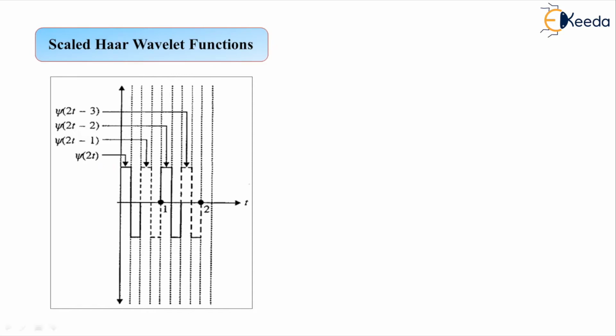So this is psi of 2t minus 0, or simply psi of 2t. Next we have psi of 2t minus 1, psi of 2t minus 2, psi of 2t minus 3. So we have translations of the time scaled version of the Haar wavelet function on the time axis. These are the individual bases.